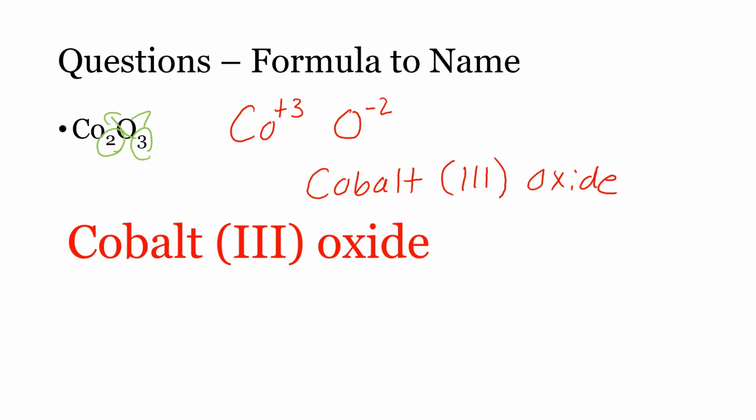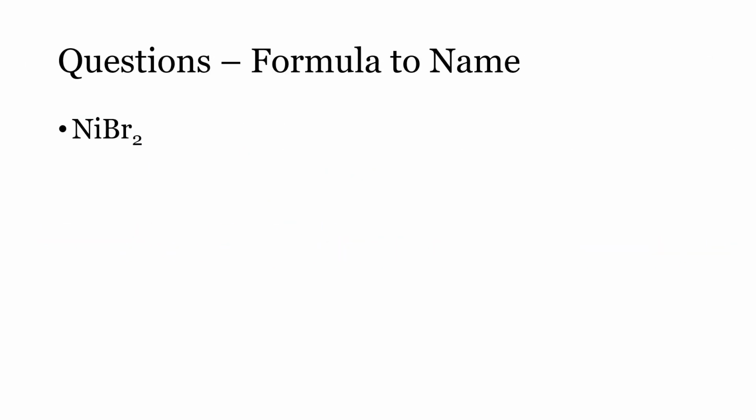Let's take a look at another example. So we have NiBr2. First step is that we need to uncross our subscripts. So I end up with Ni +2, Br -1. Now, if I take a look at the periodic table, our bromine does have a -1 charge, which means that I am ready to name this compound.